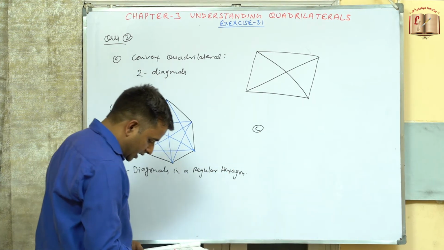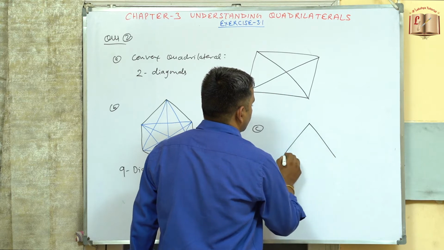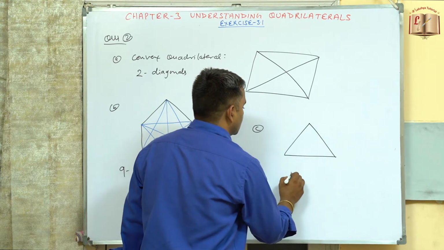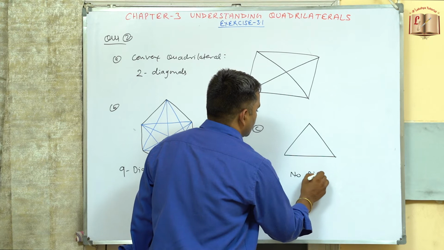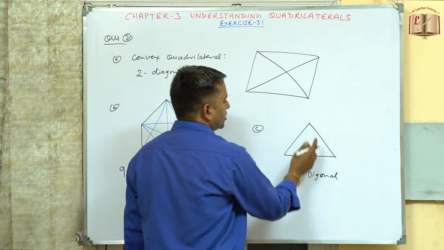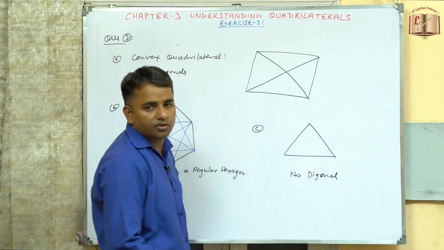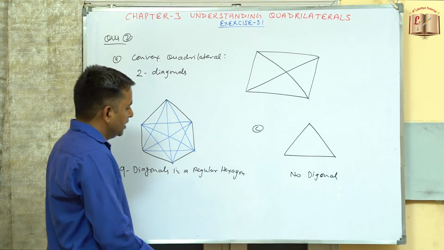Similarly, coming to the C part, a triangle. If we make a triangle, in this triangle there is no diagonal. डायगोनल किसको बोलते हैं? अपोजिट वर्टिसेस को ज्वाइन करने के लिए. यहाँ पे ऑलरेडी वर्टिसेस ज्वाइन है, सो देयर इज नो डायगोनल पॉसिबल इन केस ऑफ द ट्रायंगल्स.